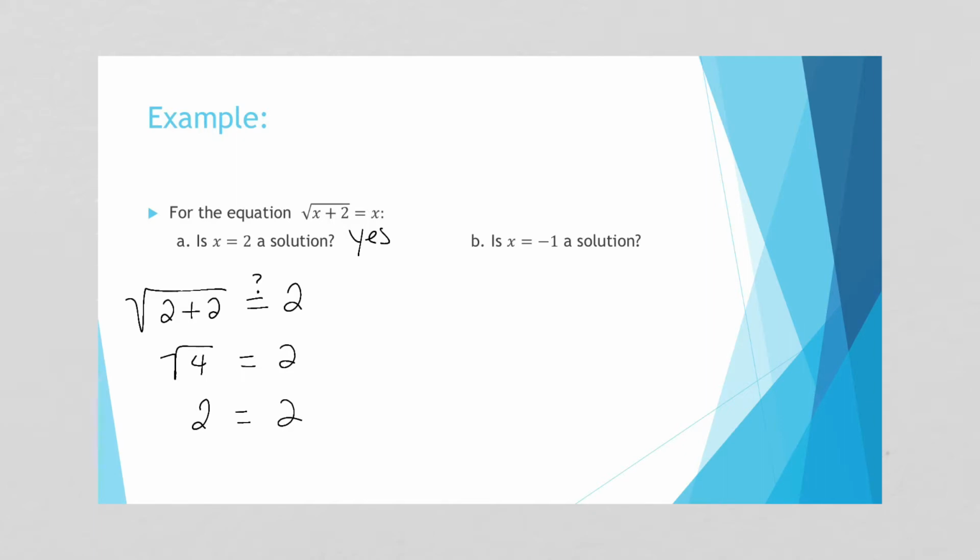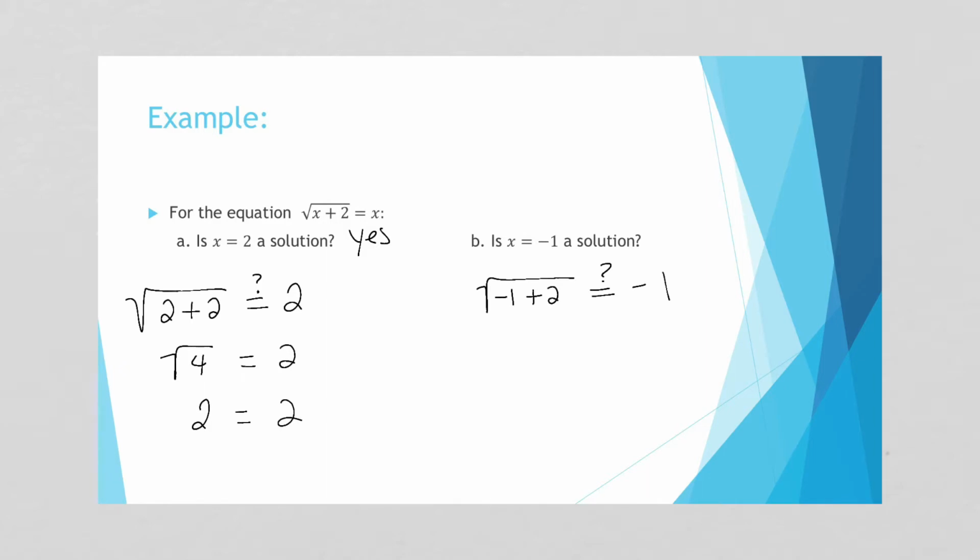So now they also ask us, is x equals -1 a solution? So we're going to put -1 in here, and we're going to see if it creates a true statement. So we've got the square root of -1 plus 2. Is that equal to -1?